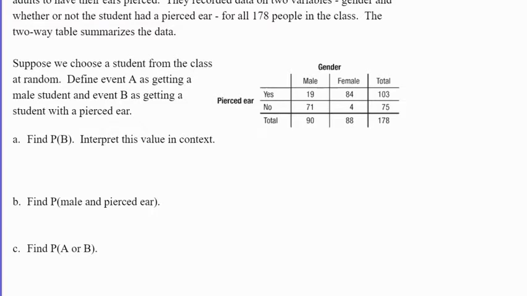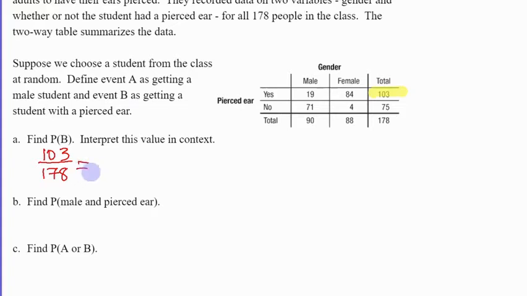So probability of event B, we are looking at what is the probability of selecting a student with pierced ears. So if you look at the table, total, there are 103 people with pierced ears, out of the total, 178.